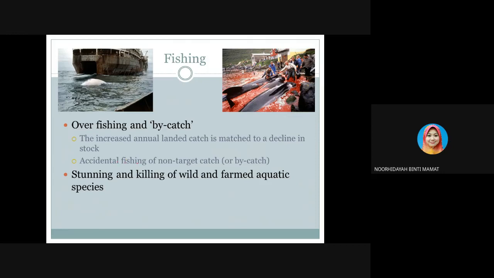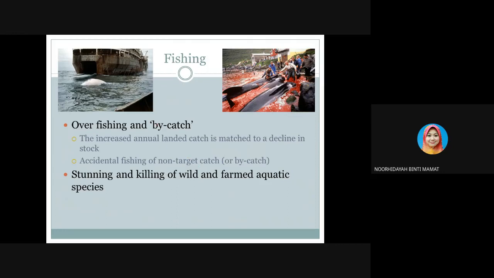Another issue is the accidental fishing of non-target catch. For example, dolphins that are injured or killed in nets used for catching tuna. That is why we call it accidental fishing, or non-target catch.